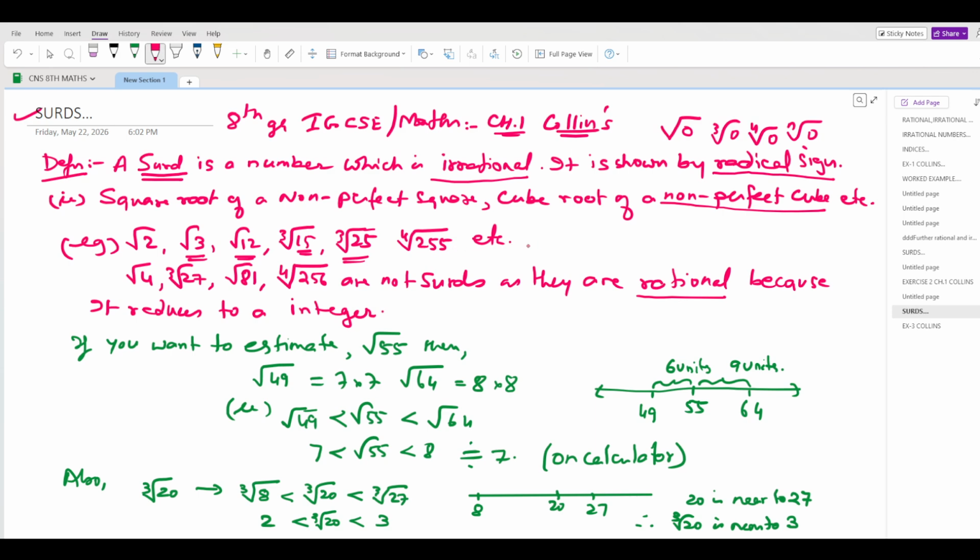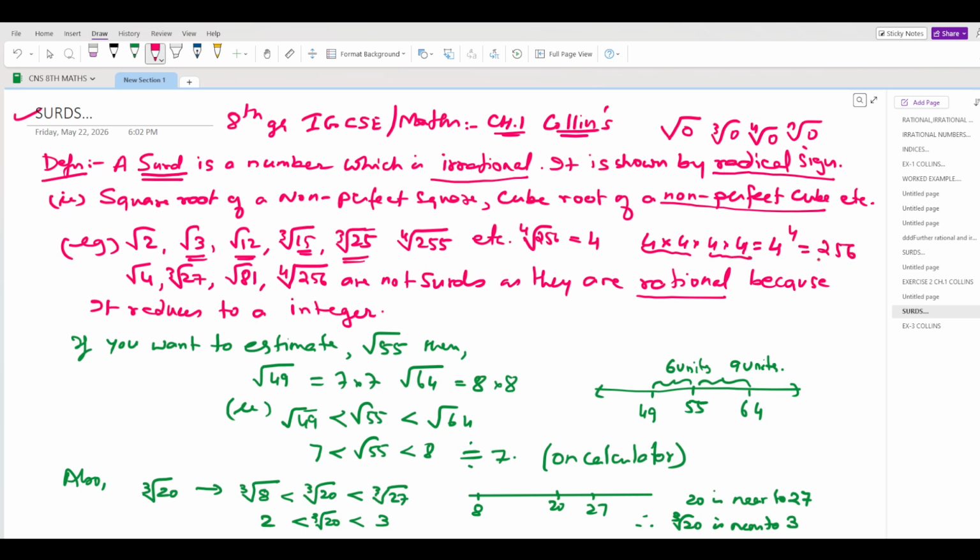For example, if you have the fourth root of 256, then this will reduce to 4. Why? Because if you multiply 4 by itself 4 times, 4 into 4 into 4 into 4, this can be written as 4 raised to 4. Now 4 fours are 16, and 16 into 16 is 256.